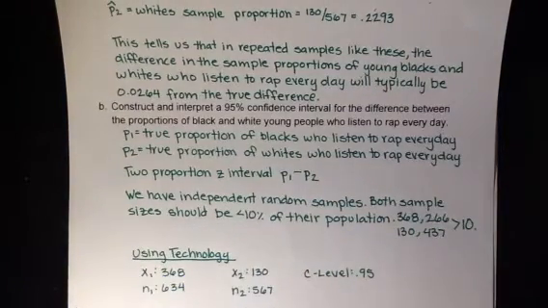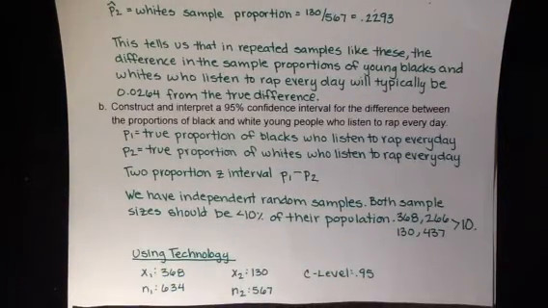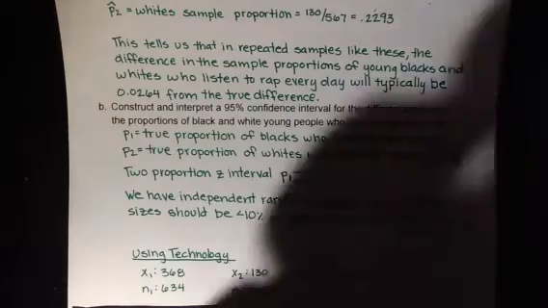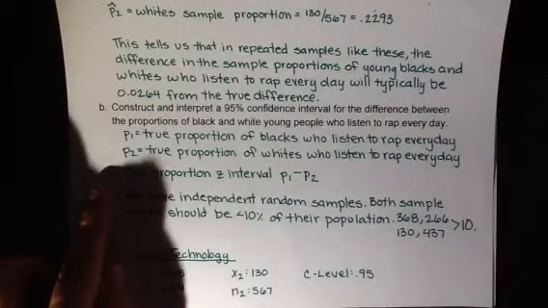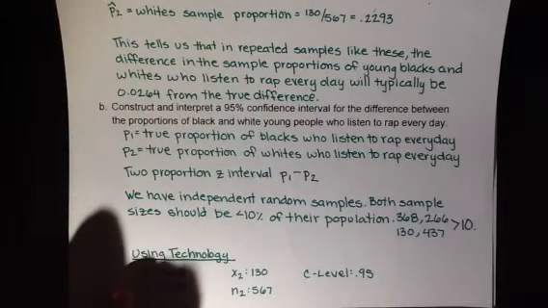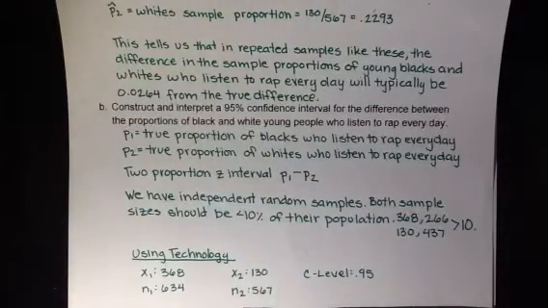So we're going to use technology. In your calculator, you would be going to, exactly as you named it here, a 2-prop z interval. When it pulls up, it's going to ask you for x1, and you're going to input 368. It's going to ask you for n1, x2, and n2. And I'm pulling all of this information from the problem.